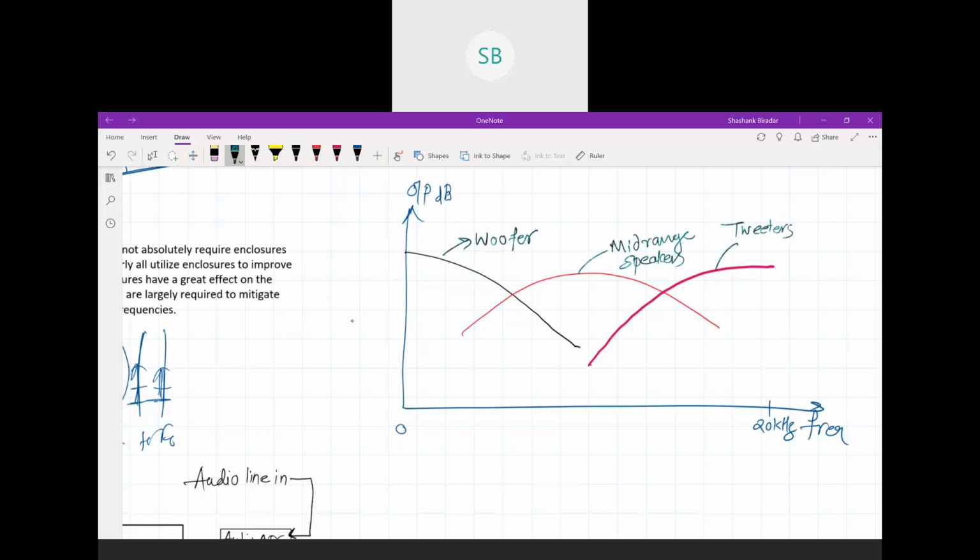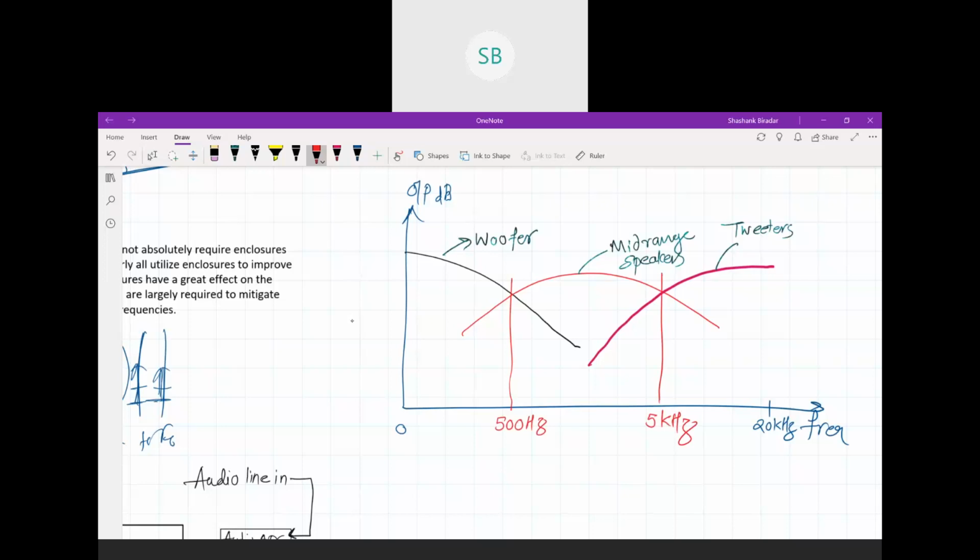You can see the frequency response like this, and the intersections are here at 500 hertz and here at 5 kilohertz. This is how the frequency response of a multi-speaker system looks.